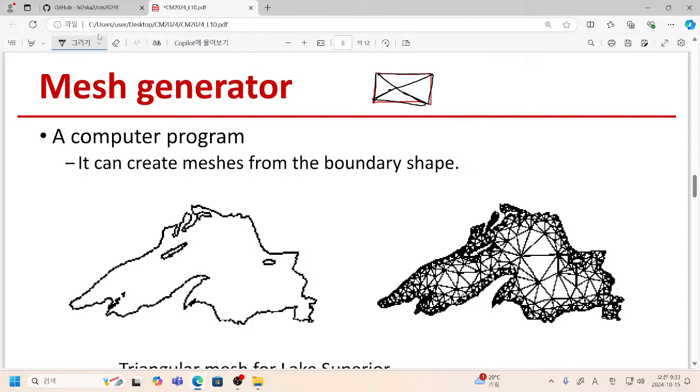Well, it was not that difficult. However, now think about this funny shape. If we have this funny shape, then how can we make triangles to entirely cover this shape? Also we can define many different shapes like this. Then how can we make triangles?